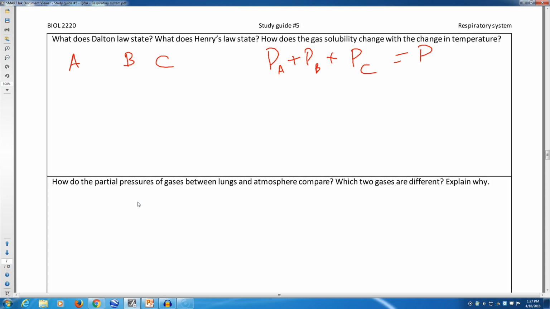You good? Is that understood? That's basically it. So at the equilibrium point, the partial pressure of the gas above the liquid and in the liquid, those pressures are equal. So if you change one, then the gas will move to the lower pressure.